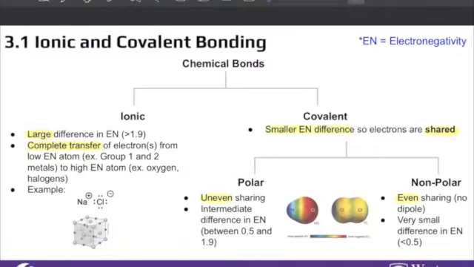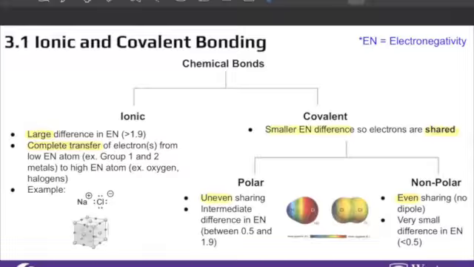You can see that in this picture here. This is a nonpolar covalent bond, and so that's why the color is even all the way throughout. Whereas in this polar covalent bond, we have electrons being more concentrated towards one side. Again, this sharing idea comes down to the electronegativity of the two atoms.